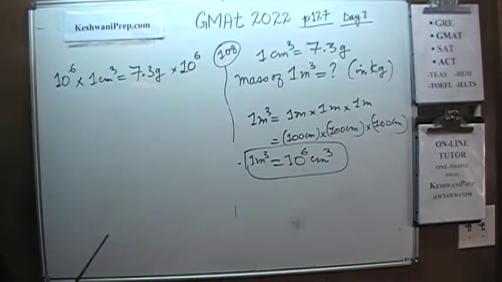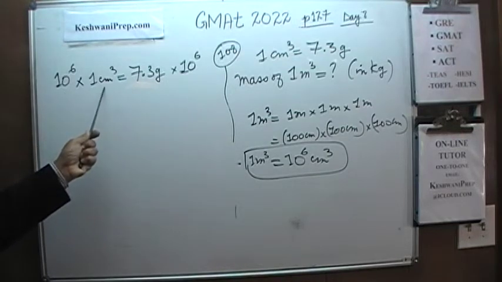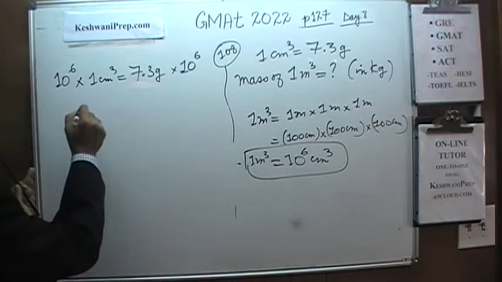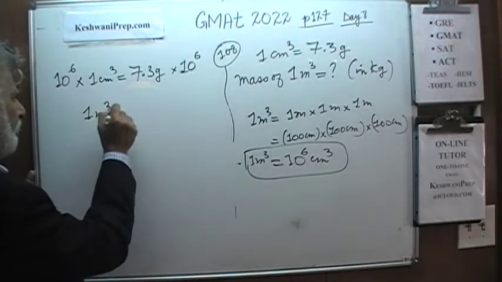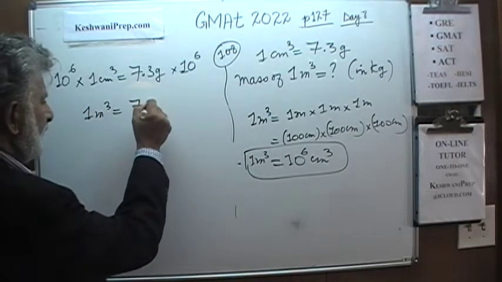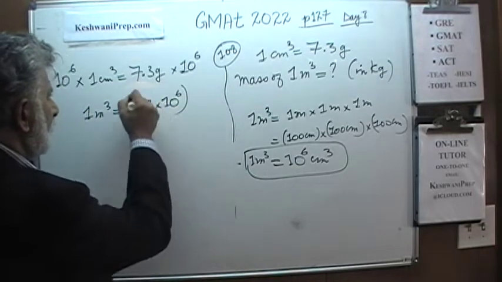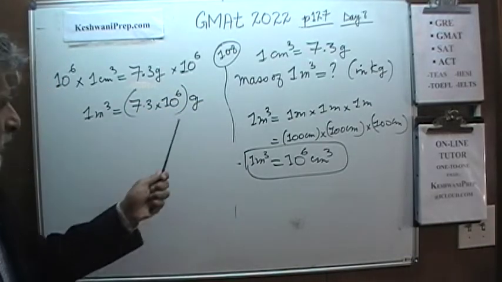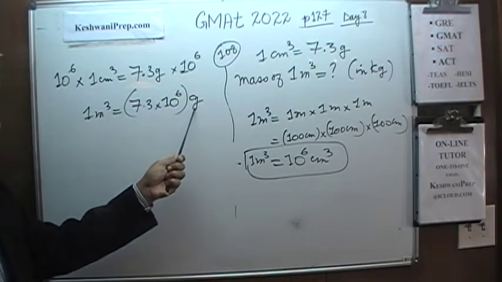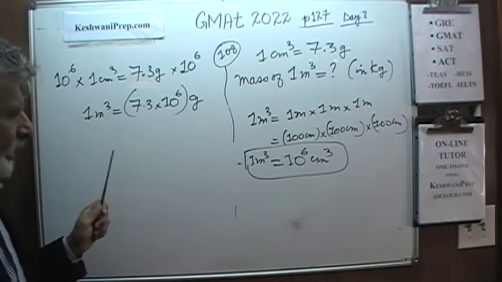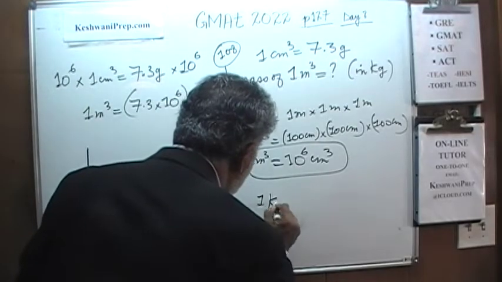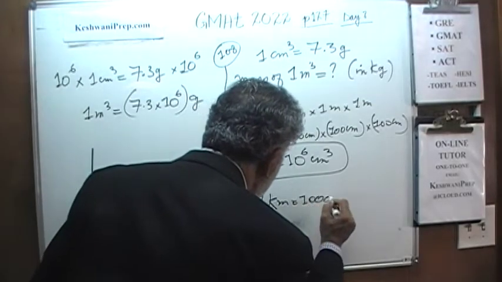And that 1 million times 1 cubic centimeter is 1 cubic meter. 1 cubic meter must weigh 7.3 times 1 million grams. But we're not interested in grams, we want kilograms. So we need to convert grams into kilograms, and we know 1 kilogram is equal to 1,000 grams.